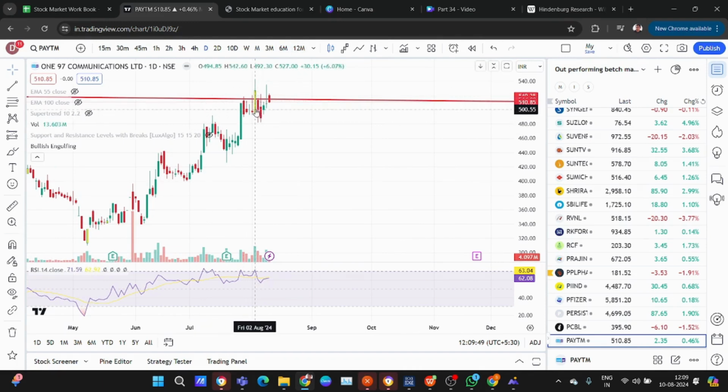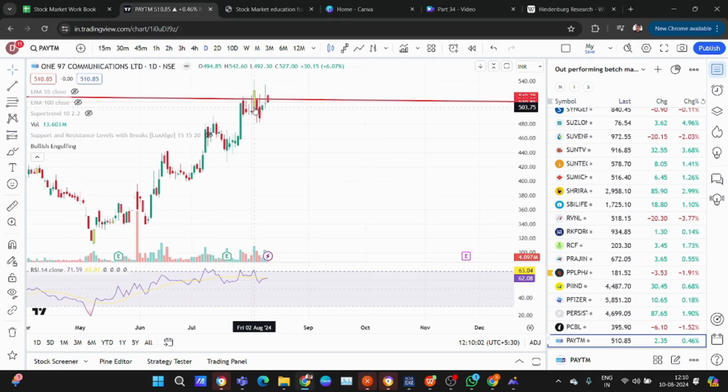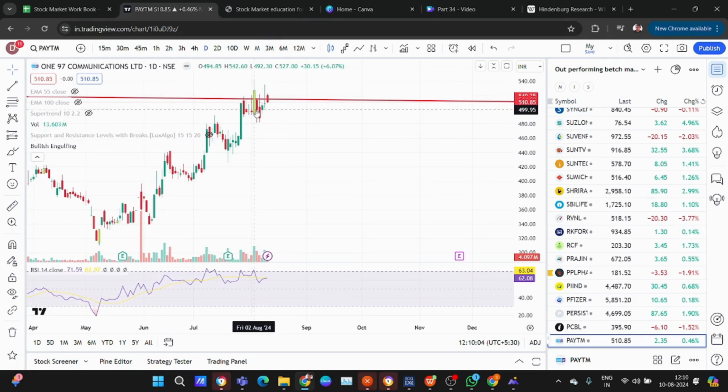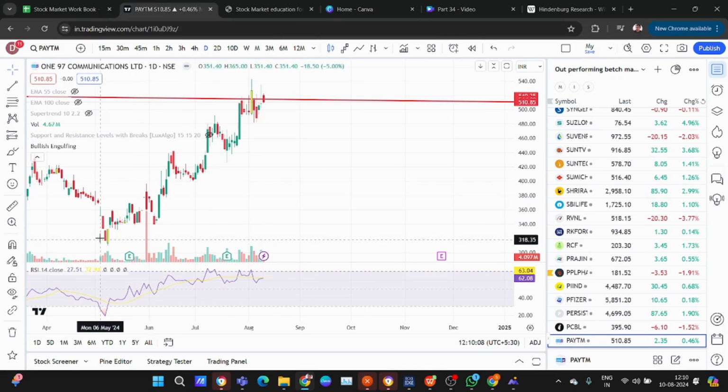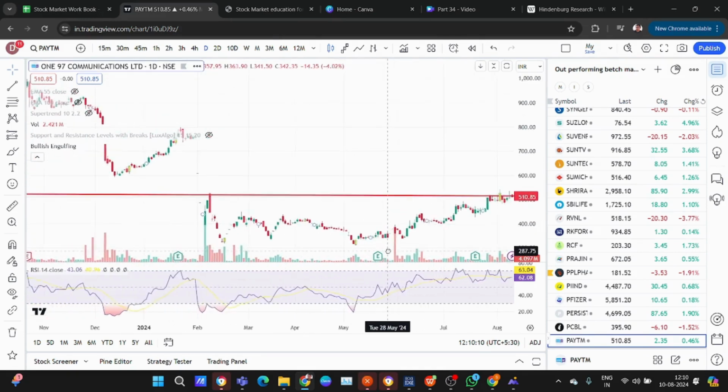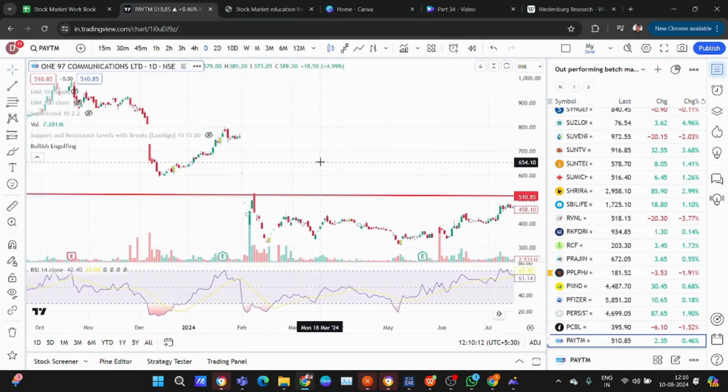This one is false. Why? Because RSI did not indicate it and confirmation did not actually come into the picture. If confirmation comes, and it is a bullish candle looking like this, then the stock goes around this level.